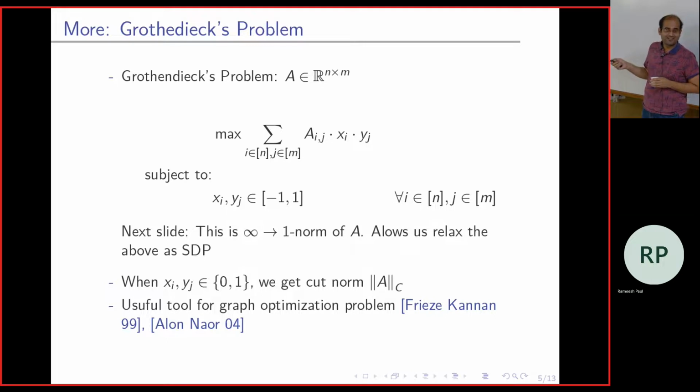Right. So when this is a bipartite graph, then it makes sense to talk about xi and yj, which are unpaired.